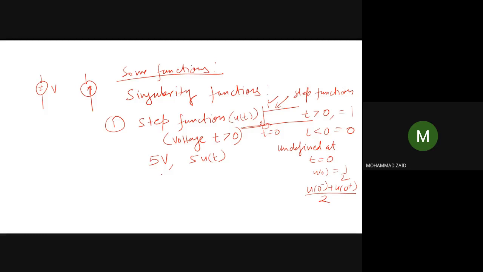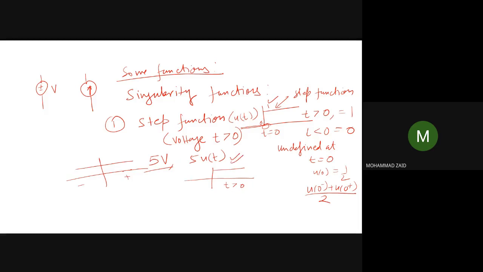These are two different things. 5 volt means the 5 volt is present at the entire axis, both at negative side and positive side. However, 5u(t) means the voltage is only present after t greater than 0. This is an important concept which we will be using in different equations.